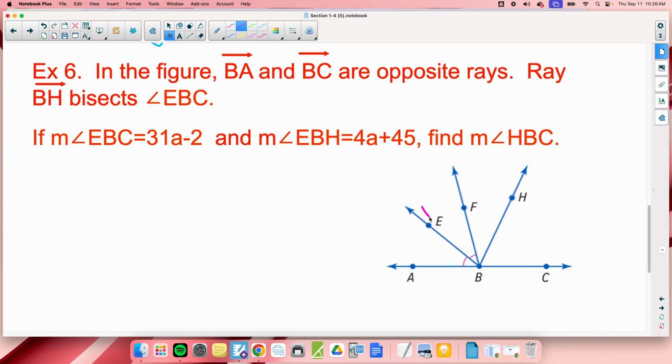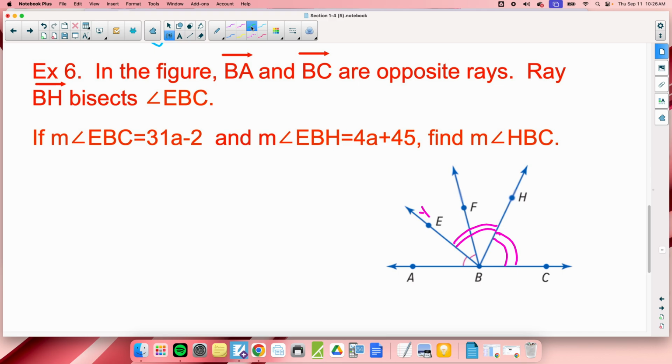This one's a little bit harder to see, but try to ignore BF here. This is congruent to that. And because those each have one arc, I'm going to make these two arcs. This angle is congruent to that angle, okay?